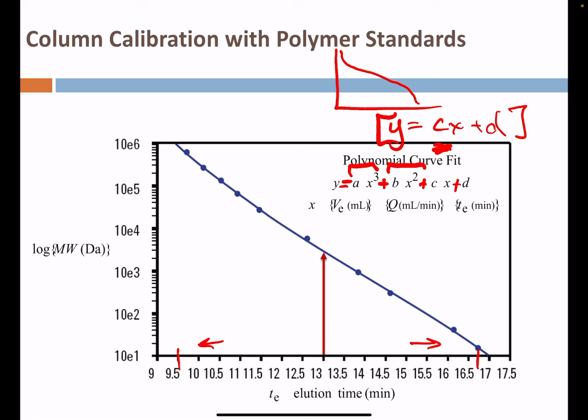As we mentioned, a sample studied later with the exact same solvent might elute at a certain time. This would be matched against the polynomial, so we know the x-coordinate here. Input that into each x position, apply the same coefficients and exponents as necessary. This would determine our y-coordinate, which is, of course, our molecular weight that is on a log scale. So y is the log of the molecular weight.